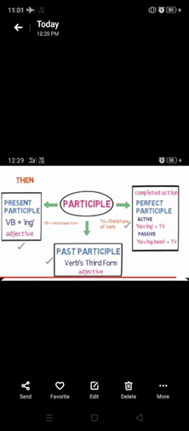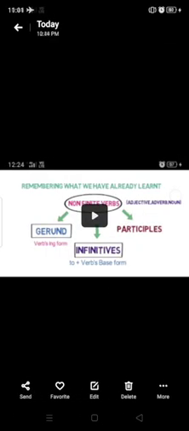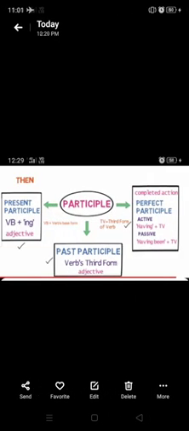So to form an active form, we use having plus the verb third form, and for passive, we use having been plus the verb third form. So this is what we have for today. I hope that the lesson is clear to you.